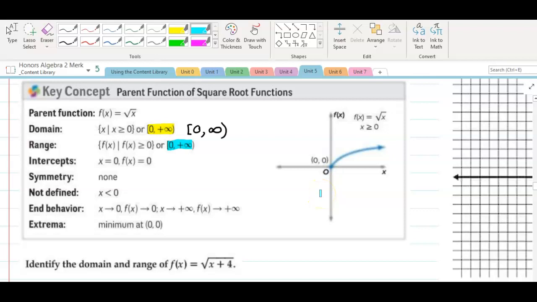There is no symmetry with this function, unlike a quadratic function, which had a line of symmetry straight down the center of it. That doesn't happen with a radical function. And for end behavior, as we get closer and closer to 0, this graph approaches 0. As we go to the right towards infinity, this graph keeps going higher and higher to infinity. So this is the left end, this is the right end.